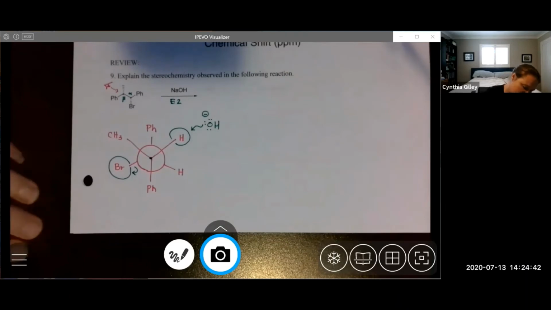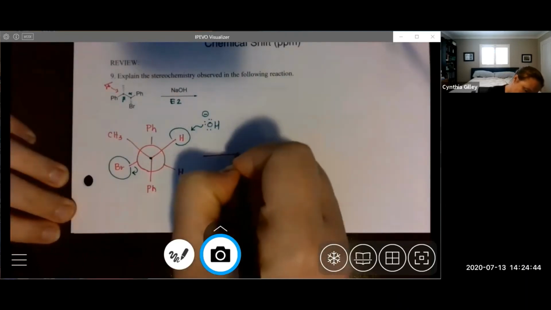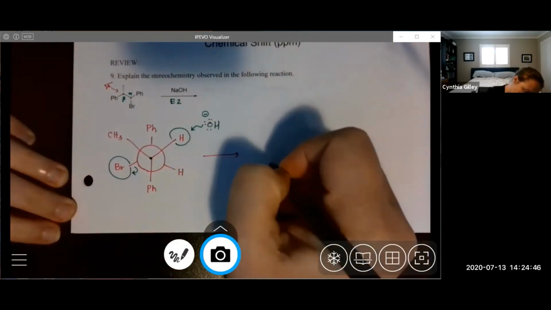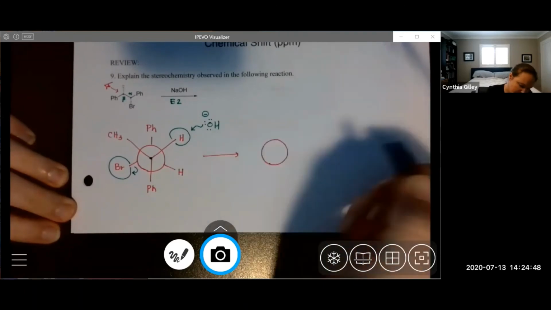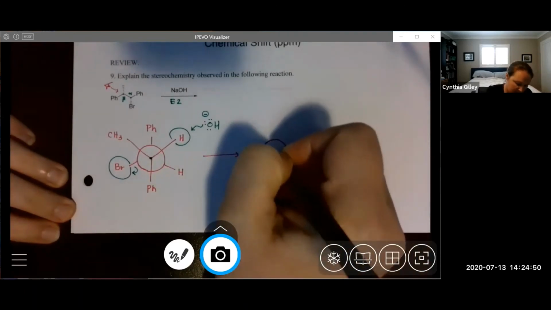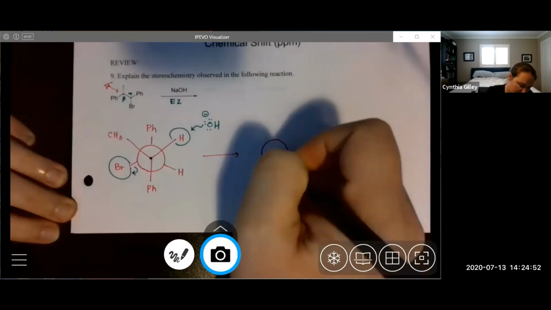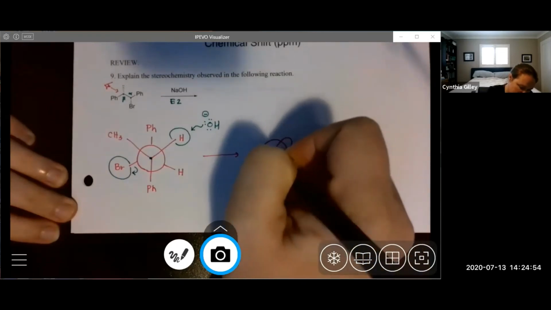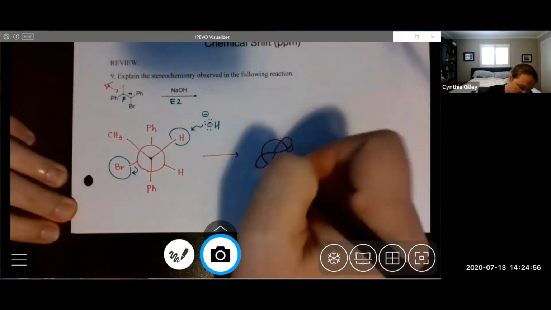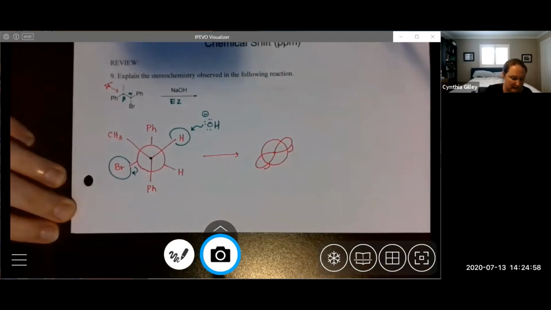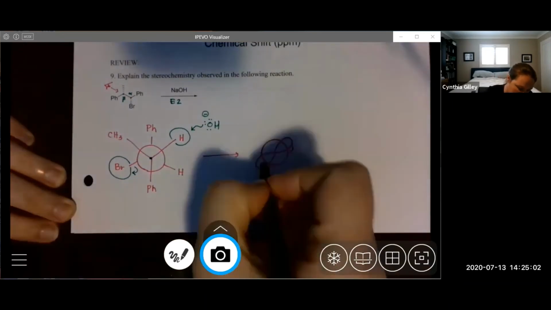So after the reaction, there's going to be a pi bond being formed. You can imagine the formation of the p orbital overlapping in the same plane as the proton transfer and the loss of the leaving group.